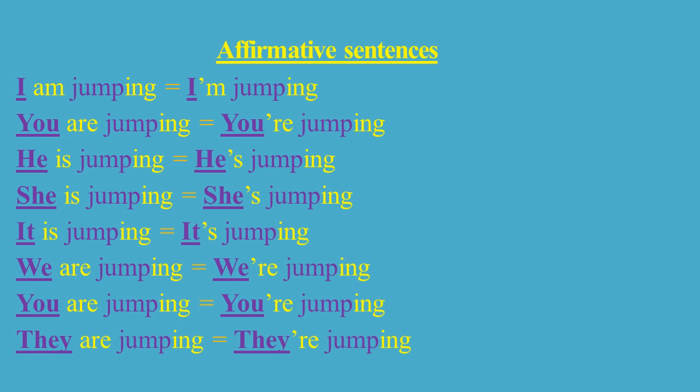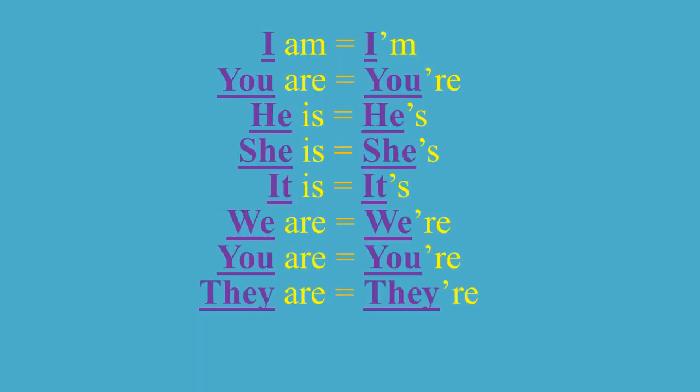So on the left side, we may see the full version of present continuous tense affirmative sentences, and on the right side, we can see the contracted form of verb to be in present continuous tense sentences. Out of this, we may conclude that we use am with pronoun I. We use the verb are with pronouns we, you, they, and that we use verb is with pronouns he, she, it.